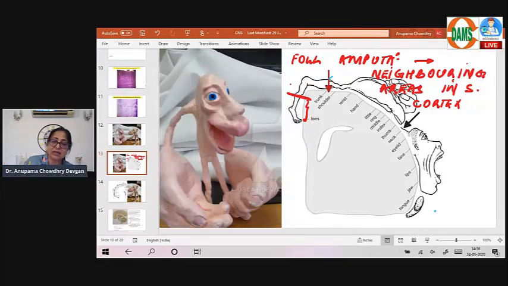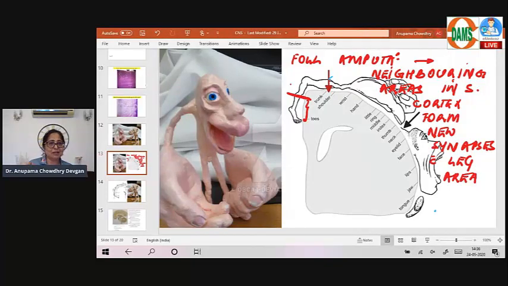The neighboring areas in the sensory cortex form new synapses with the leg area. So when new synapses are formed, now supposing a sensory stimulus is given over the thigh or the trunk, new synapses exist between the trunk and the leg.